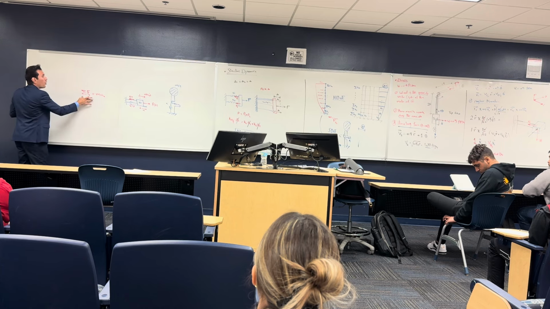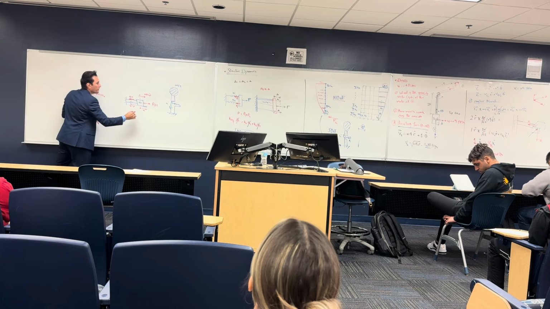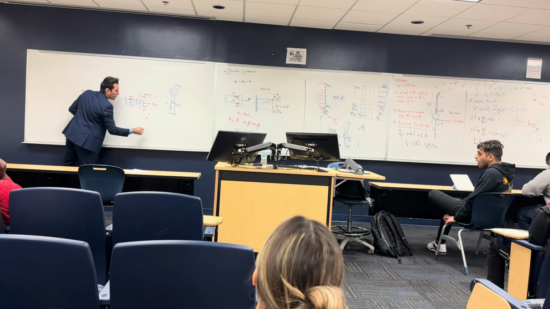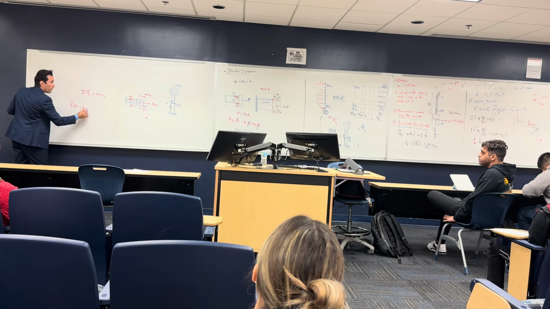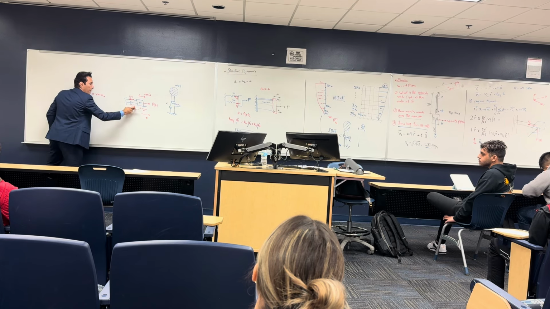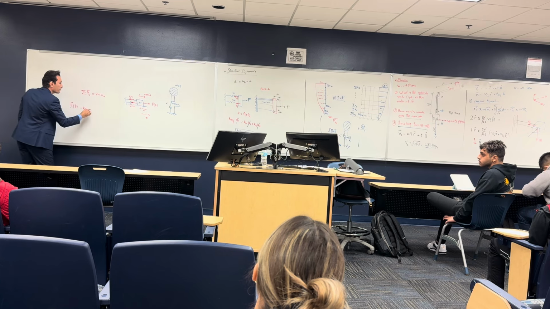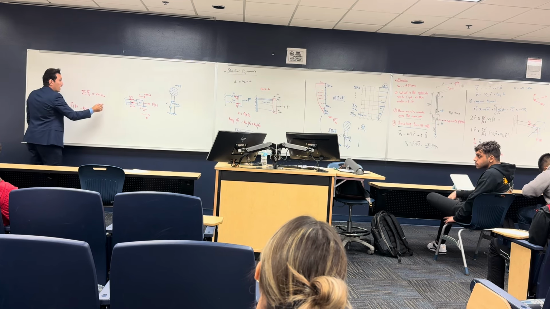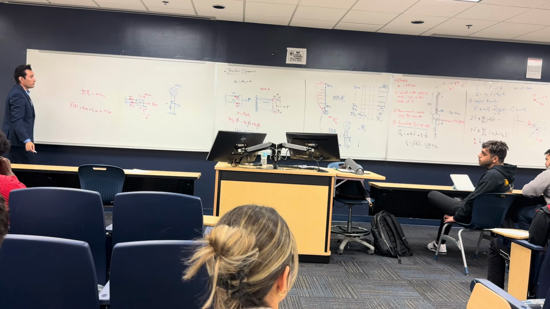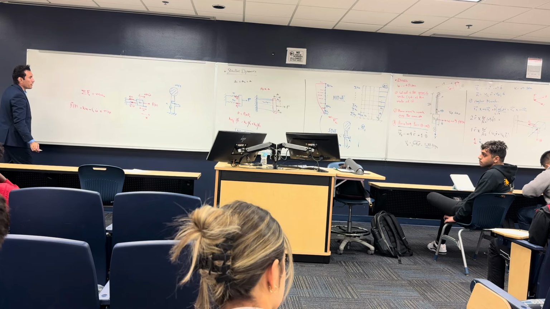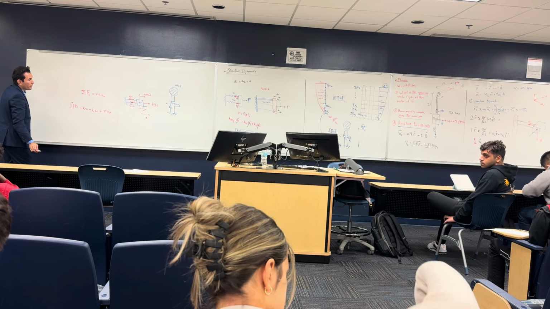Let's put all the Fx's, and I'm gonna say that this is my positive x direction. So I have F(t), minus k multiplied by u, because this is the force, and minus c u dot, because this is another force, is equal to m u double dot.